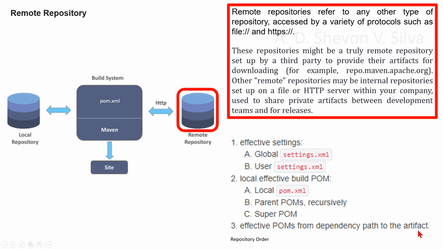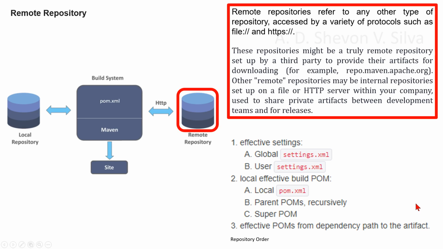For each of these locations, the repositories within the profiles are queried first, in the order outlined in the build profile. Before downloading from a repository, mirror configuration is applied.